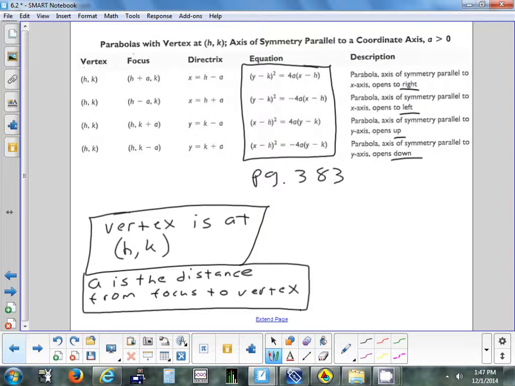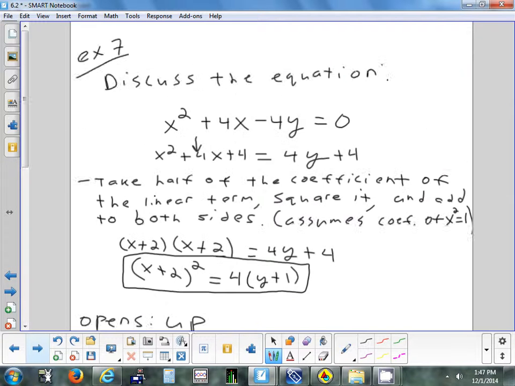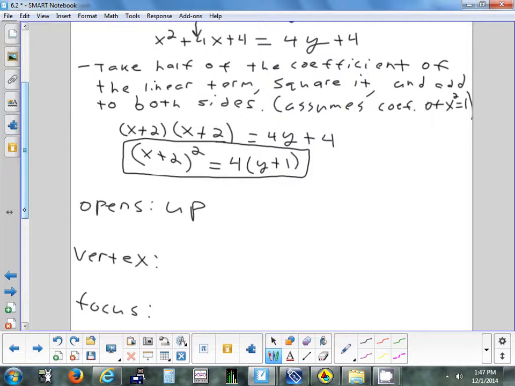To find your vertex, it's h comma k. So at this point, maybe we should make sure we can figure out what's h, what's k, and we're going to need a. Let's look at that equation. H, k, and a. What is h?